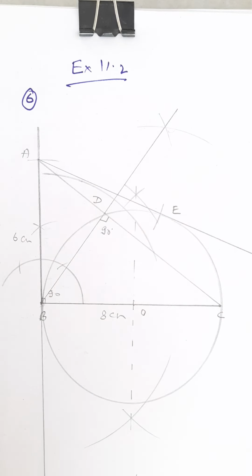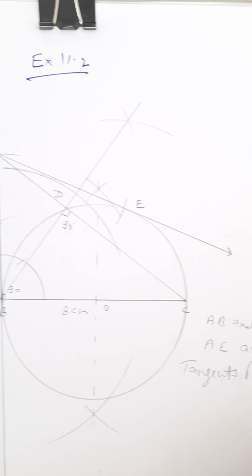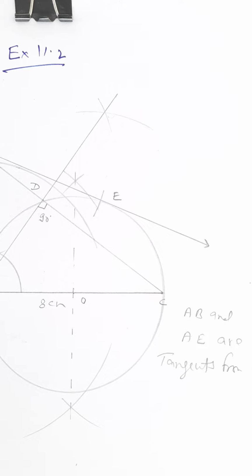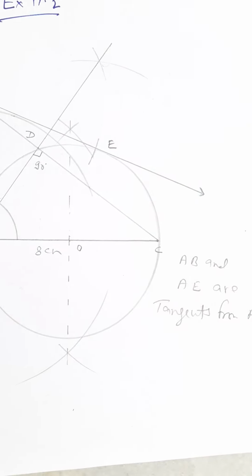So which are the two tangents? The two tangents AB and AE are tangents from point A. So I hope this part is clear to you all.